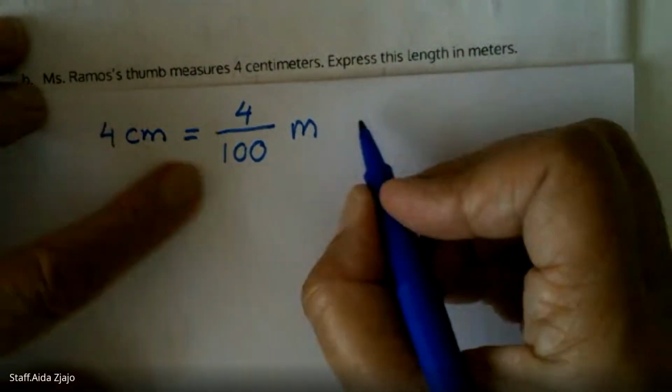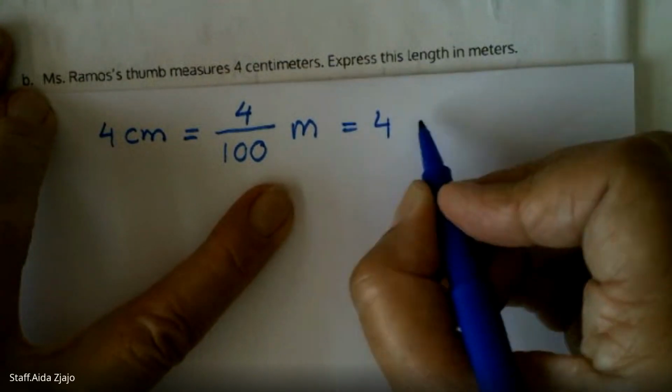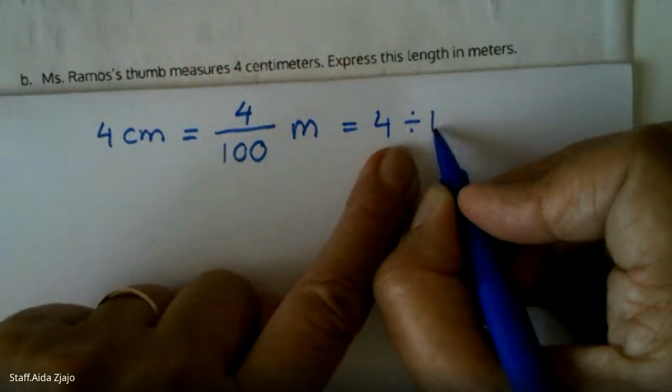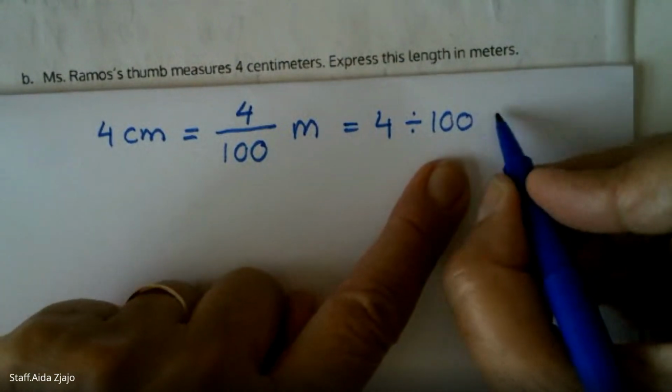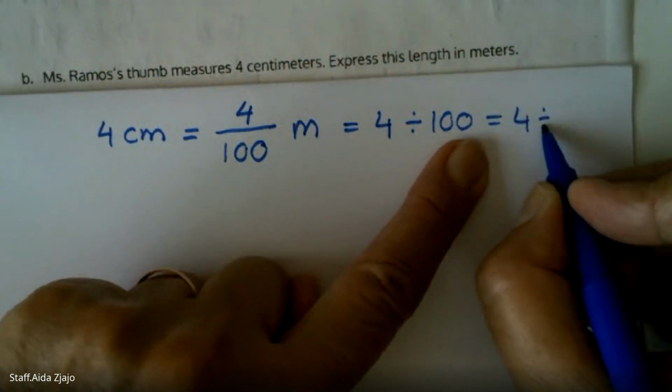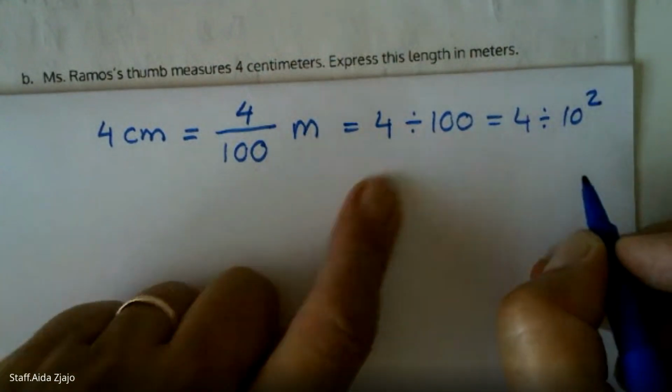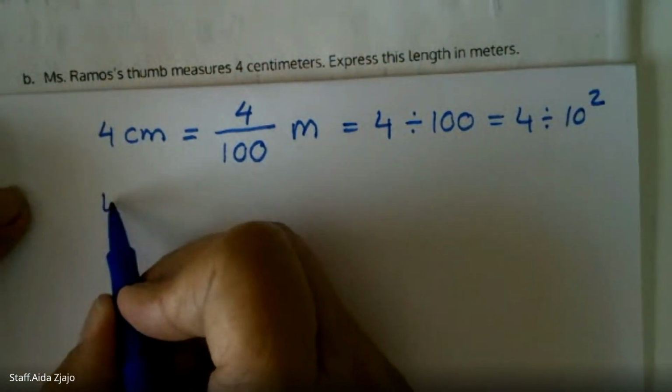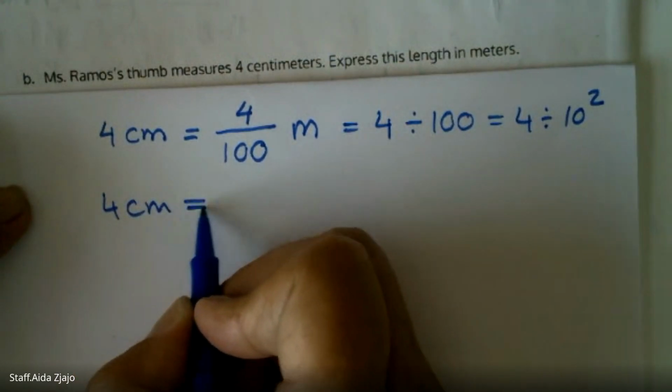So I can see this as 4 divided by 100, or I can see this as 4 divided by 10 to the power of 2. Either way, 4 centimeters will be the same.